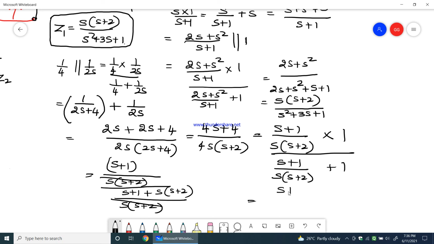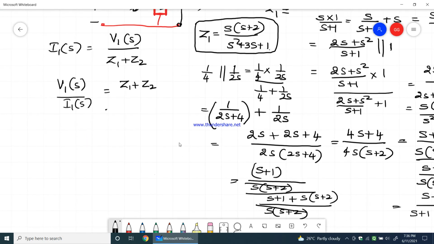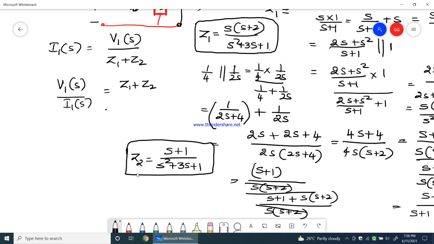Finally we are left with s plus 1 divided by s plus 1 plus s square plus 2s, which will give me s plus 1 divided by s square plus 3s plus 1. So therefore z2 is s plus 1 divided by s square plus 3s plus 1. So this is z2. So we got z1, we got z2.